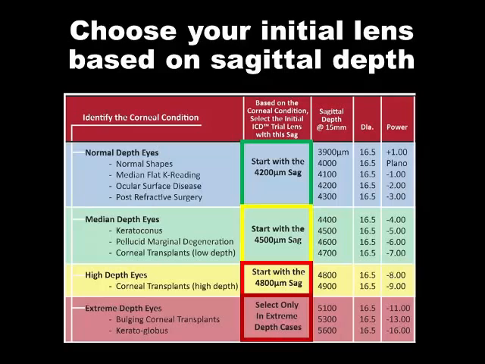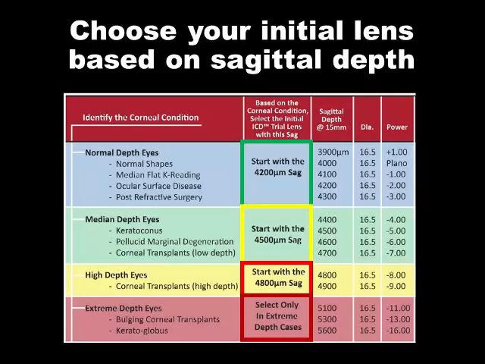And chances are we could fit maybe 80% of patients out there with a 42 or a 45. We might need to go slightly lower, but as a trial, or higher in depth, but as a trial lens, I can probably get away with those two lenses fit on most patients because they're really in the ballpark of the average depths of these conditions.